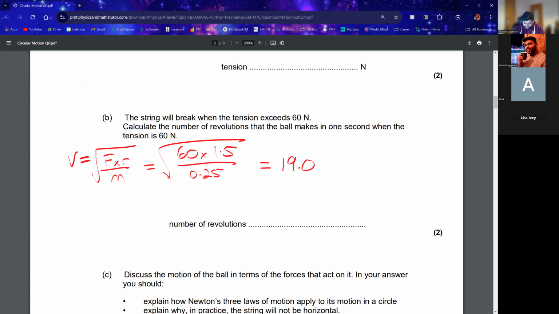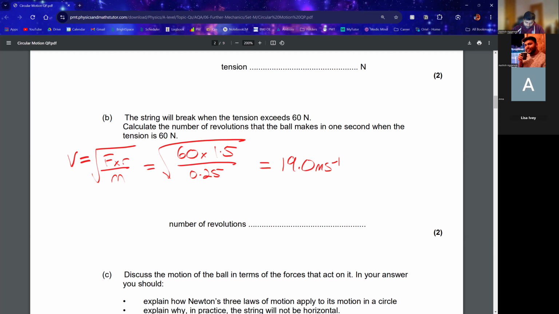Velocity, so meters per second. And here, did I say this in my notes? Let me just double check. You convert. I see. Okay.